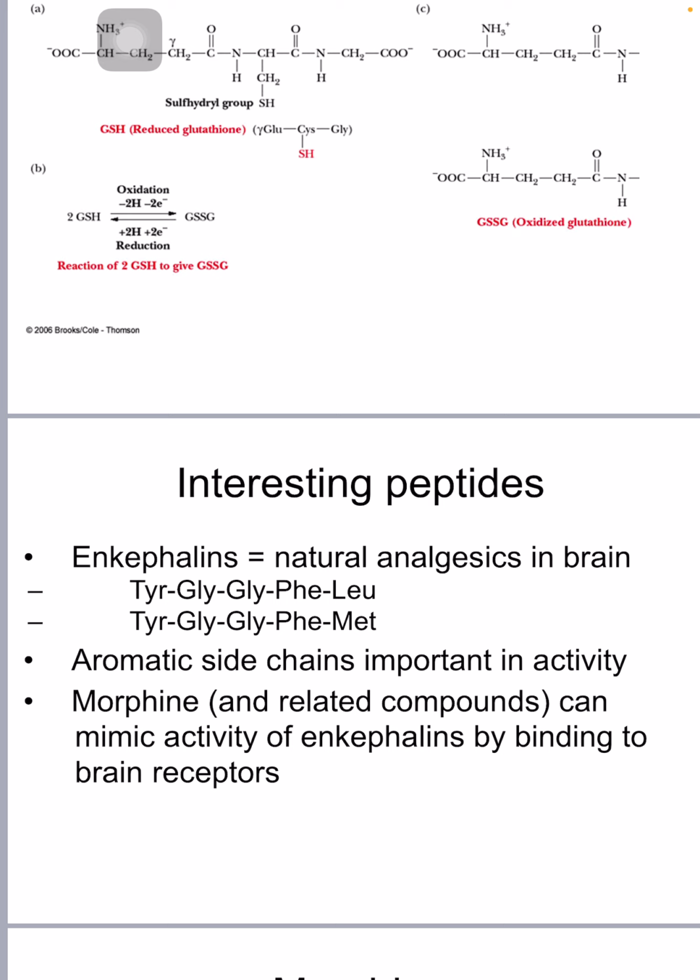So if you were to look at the amino acids in these enkephalin peptides, you'll see that a couple of them, tyrosine and phenylalanine especially, have aromatic groups. And one thing to remember in biochemistry is that molecular shape, stereochemistry, three-dimensional arrangements are hugely, hugely important.